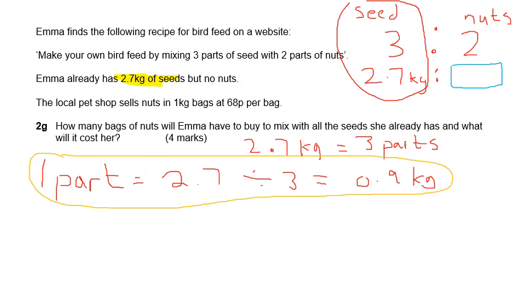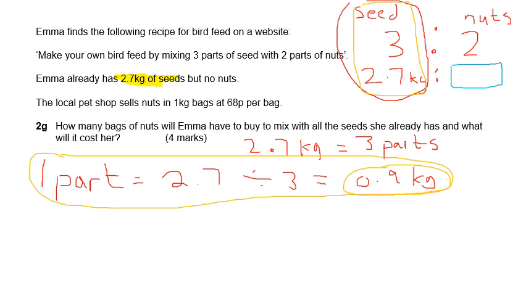Just to recap, up here when they give us the information for the seed, they told us that 3 parts is worth 2.7 kilograms. So if 3 parts is worth 2.7 kilograms, 1 part has to be worth 0.9 kilograms.